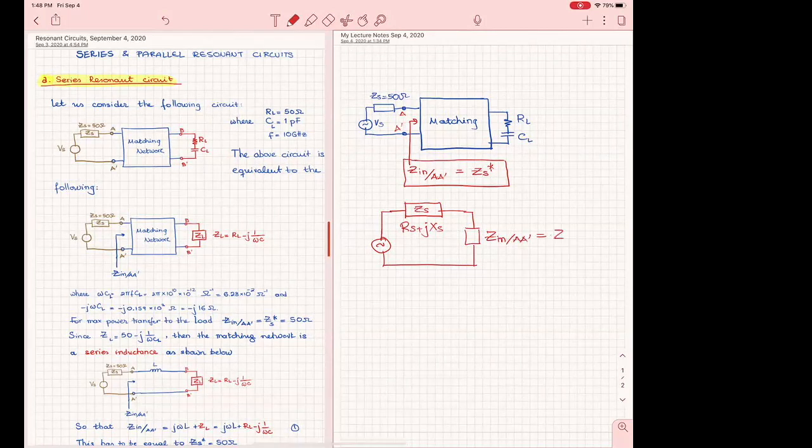And so here you design a matching network that creates a Z in at A A prime. Let me do the Zs you suggested first of all. So that would make it Rs plus jXs. And then this source Vs is going to see a load that is going to have 2 Rs.